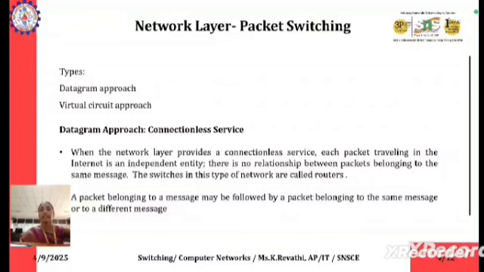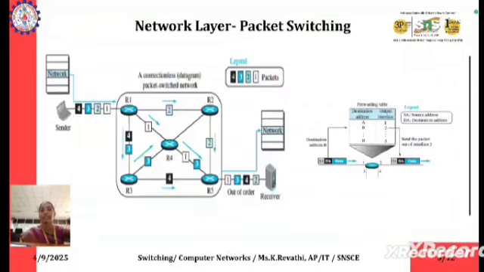Here is the example flow diagram of packet switching. Here the sender and receiver are in the network, and we see how to transfer the packets from sender to receiver. The whole message is divided into 4 packets named 1, 2, 3 and 4.